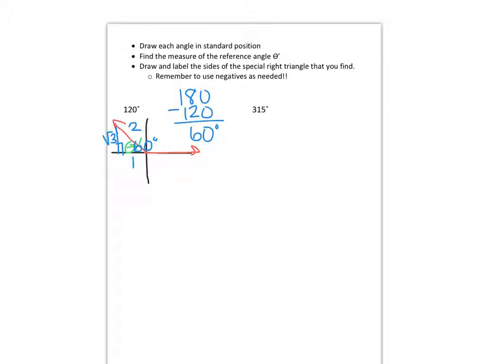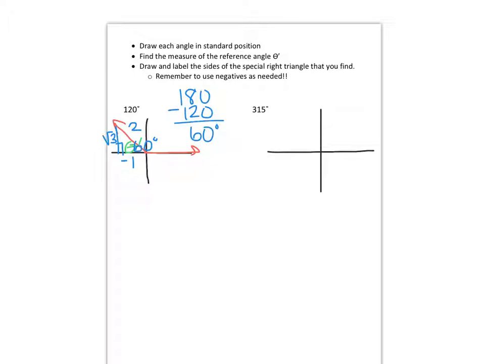Since we went 1 to the left, this 1 down here should be negative. And that would complete our picture. We could then answer the sine, the cosine, or the tangent of the angle 120 degrees by using that triangle we just drew.